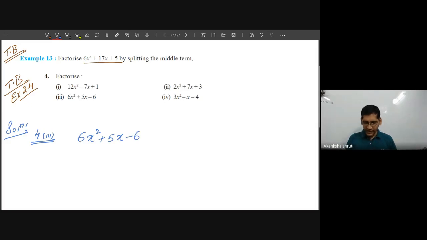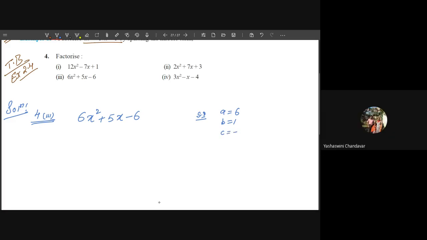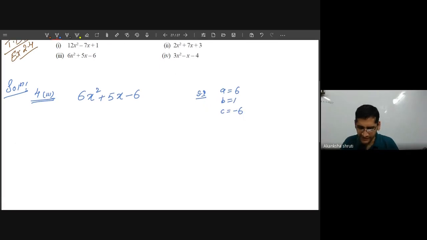How to factorize? So student, what are the steps? The very first step, write it. In the very first step, you will write ABC. What is A here? It is 6. What is B here? 5. Very good. What is C here? Minus 6. Sign is very important. So do not forget this sign.